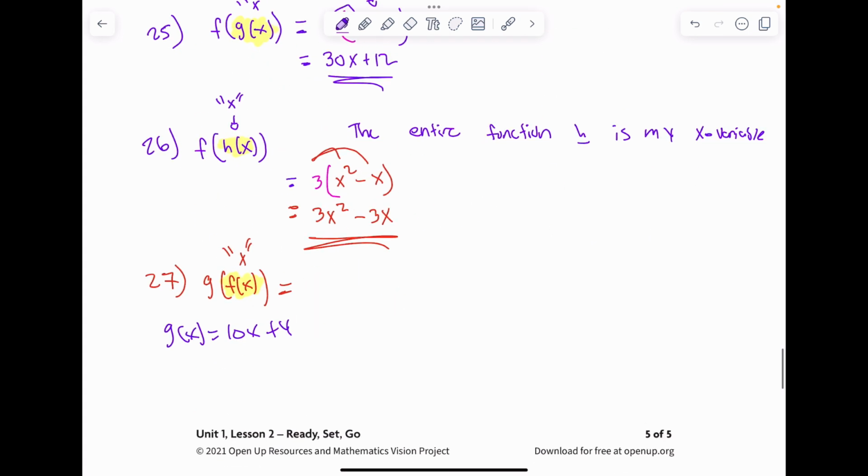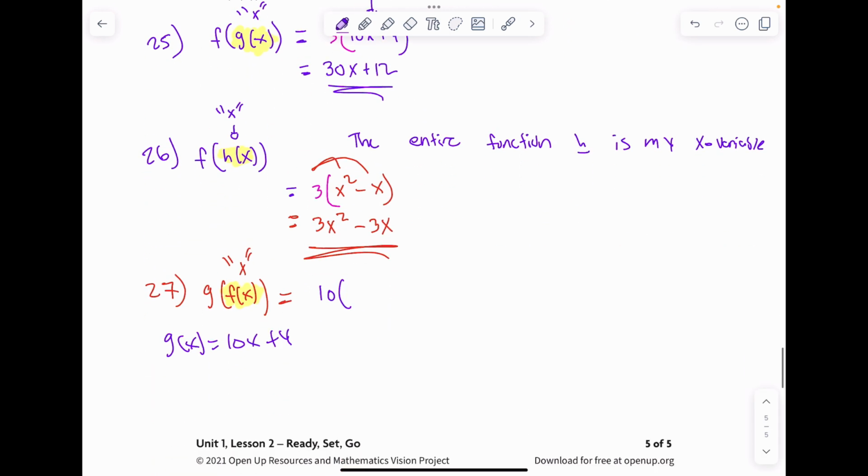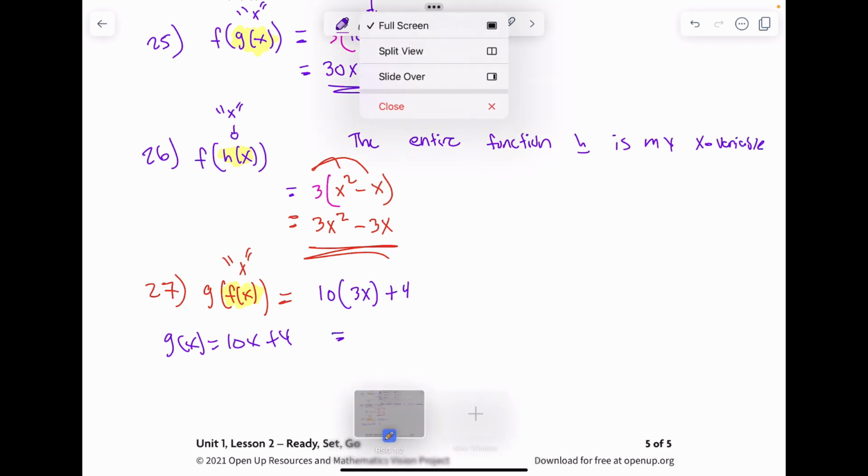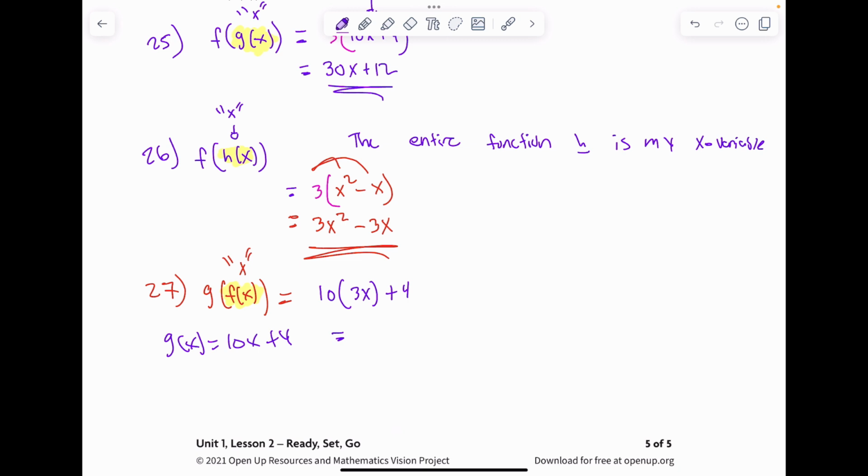This is equal to 10 times, for my x value, I'm putting in the function f of x, that's 3x plus 4. And then I just finish it off. I'm going to put this in pink just so we can see the difference, that this is my f function, 3x. And at the end of that, I get 30x plus 4.